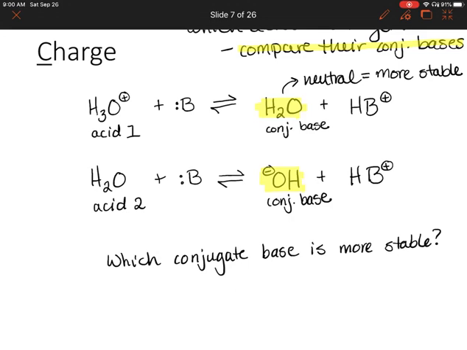So what that tells us is that the hydronium ion, or acid 1, is stronger than acid 2. Okay, so H2O is more stable than OH minus.